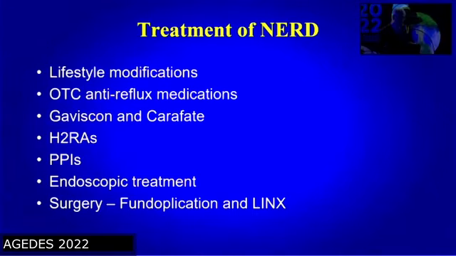So how do we treat the 3 different disorders? In the case of non-erosive reflux disease, this is the treatment paradigm: lifestyle modifications, OTC anti-reflux medications, Gaviscon, Carafate, H2 blockers, PPIs, endoscopic treatment, and surgery. One of the very important things about non-erosive reflux, because we know that these patients are unlikely to progress over time to erosive esophagitis or Barrett's esophagus, is that they can be treated on demand.